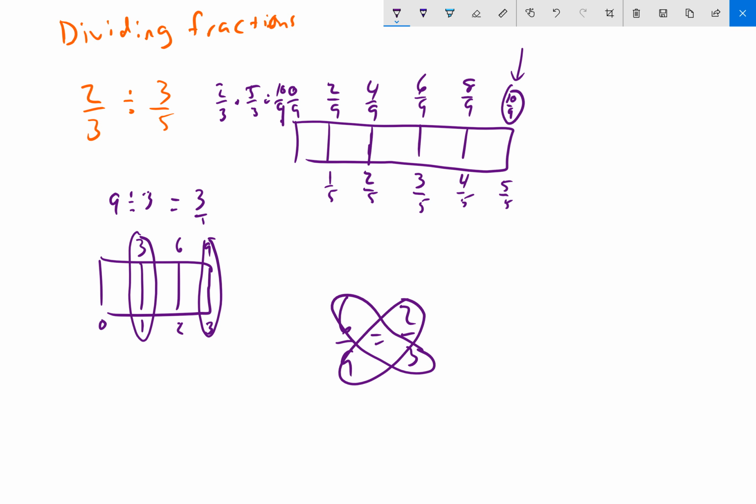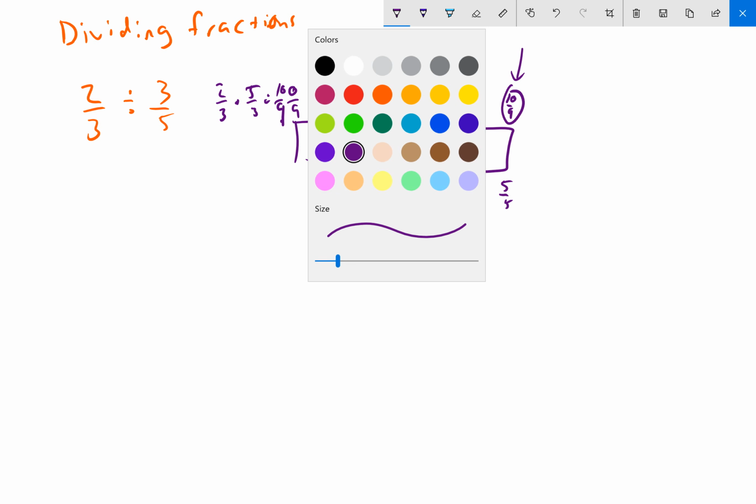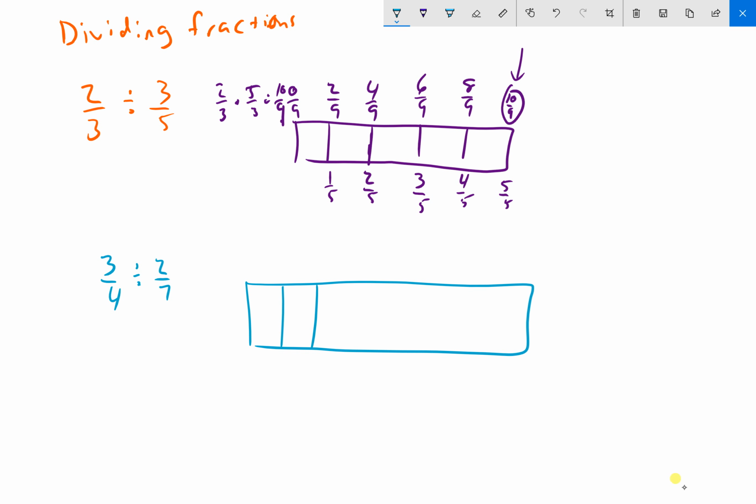I'm going to do another example real quick, just in case you don't believe me or weren't able to follow that. Say I had 3/4 divided by 2/7. All right. 1, 2, 3, 4, 5, 6. 1, 2, 3, 4, 5, 6, 7.